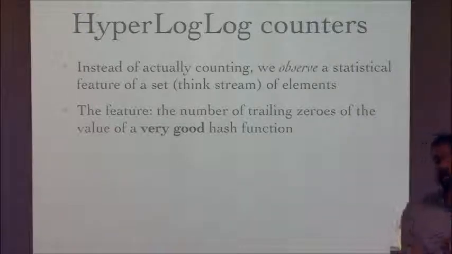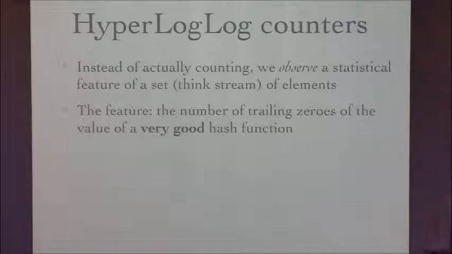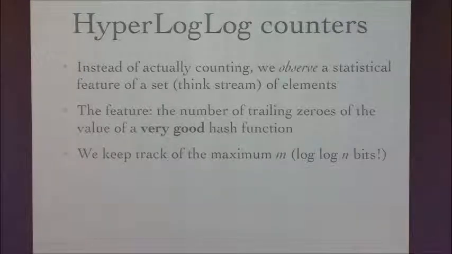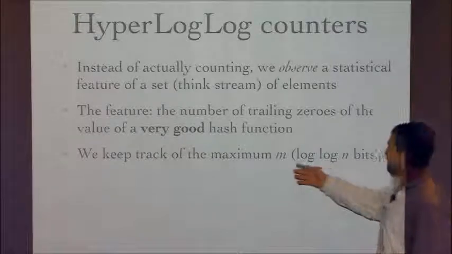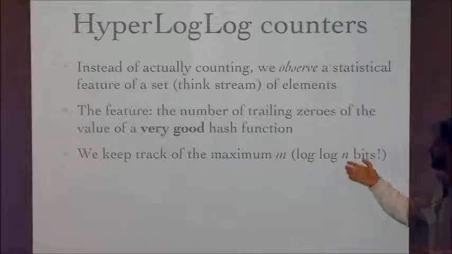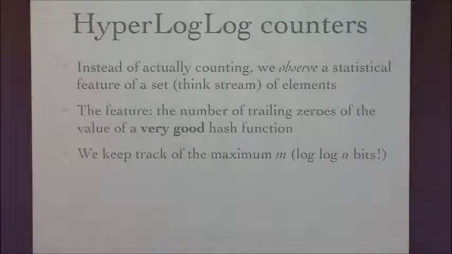The idea is that if you see very few elements, your hash function will give you mostly odd values, and you get 0. But if you start to see many elements, you will start to see something that is divisible by 4, by 8, and this maximum will rise. Essentially what you do is keep track of the maximum m, and you can show that log n bits are sufficient.